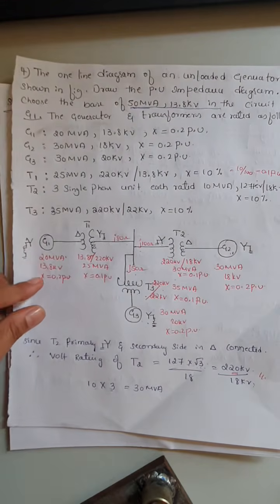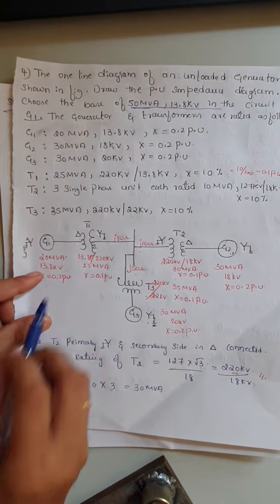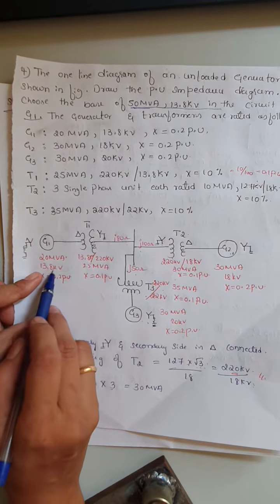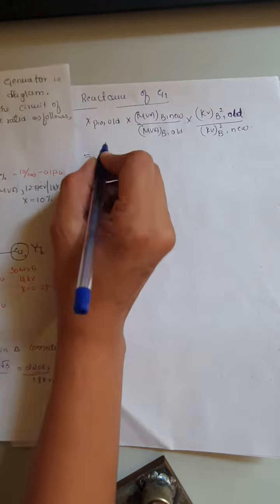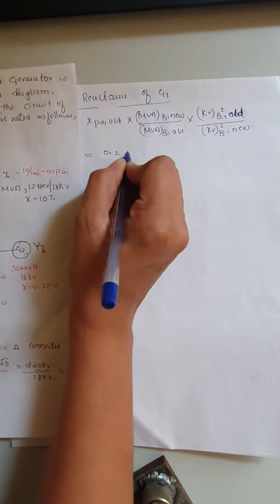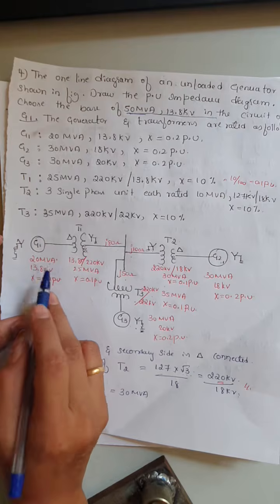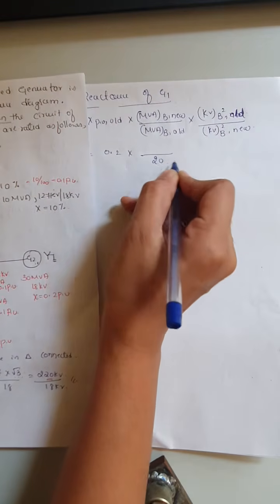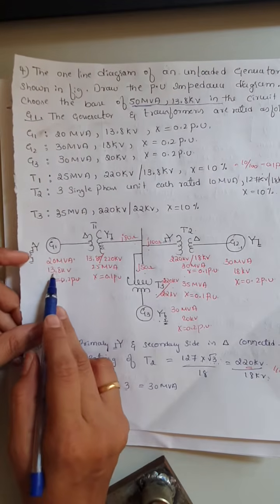For generator 1, X per unit old will be 0.2 per unit, 13.8 will be the kilovolt base square old value, and this will be the MVA base old value. First we'll write all the old values: 0.2, the old value, divided by MVA base old value 20, multiplied by the kilovolt base square old given in the problem, 13.8 kilovolt.